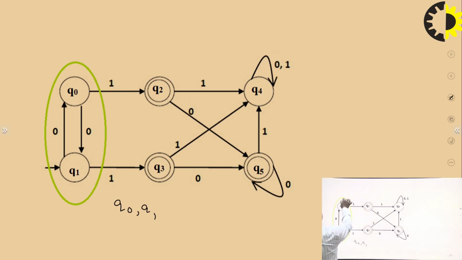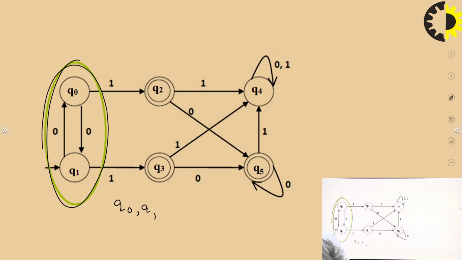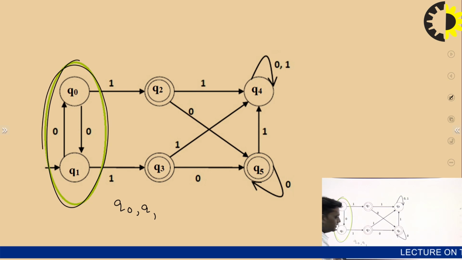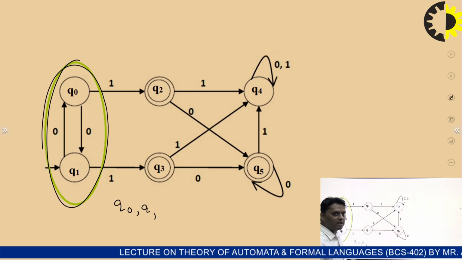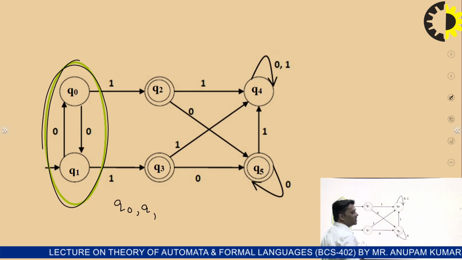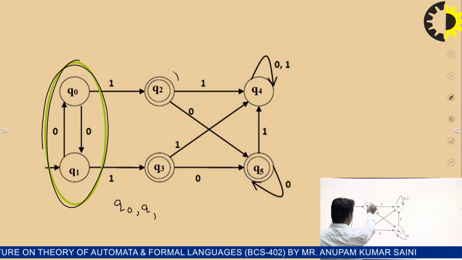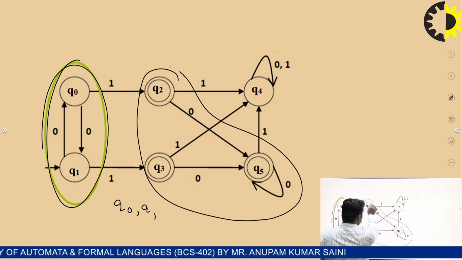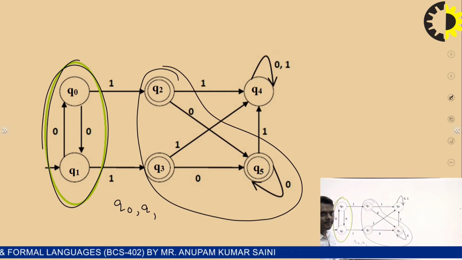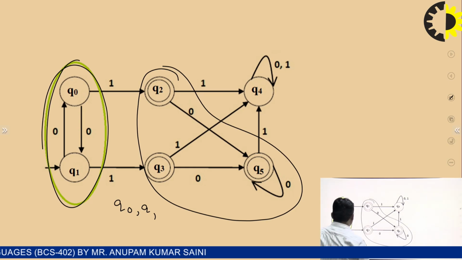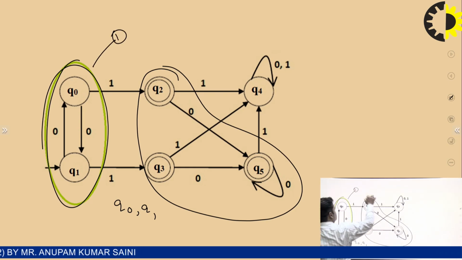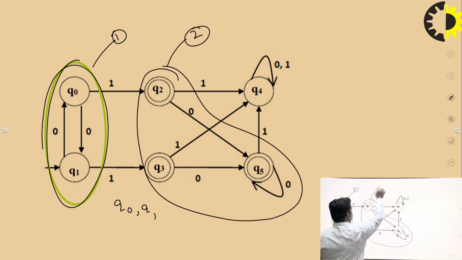So we combine these states, and the unmarked pairs in the table are Q0 Q1, Q2 Q3, Q3 Q5, Q5 Q2. So we combine all these three states. One combined state will be this, and one combined state will be this, and the remaining one state is this.